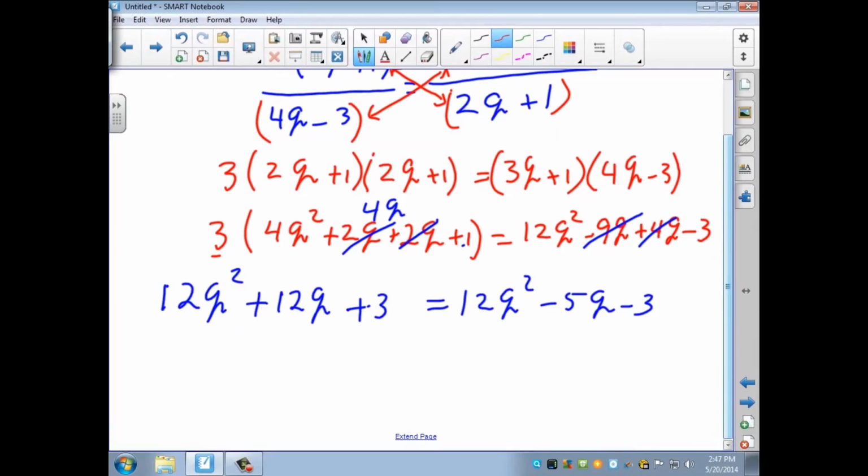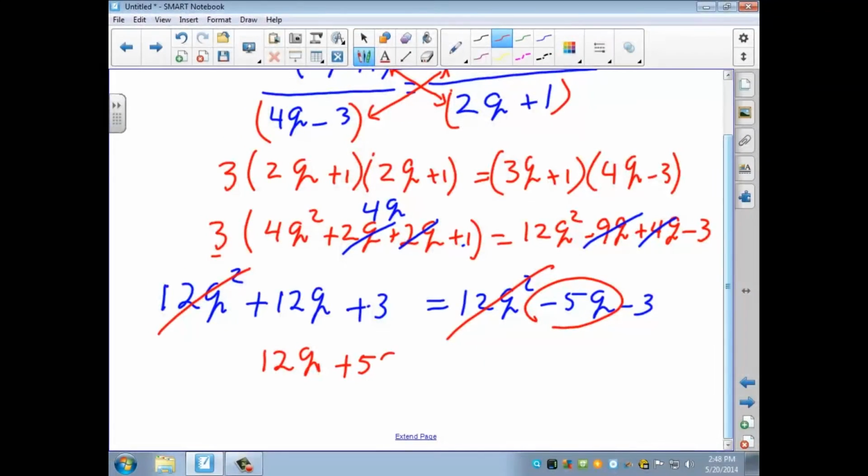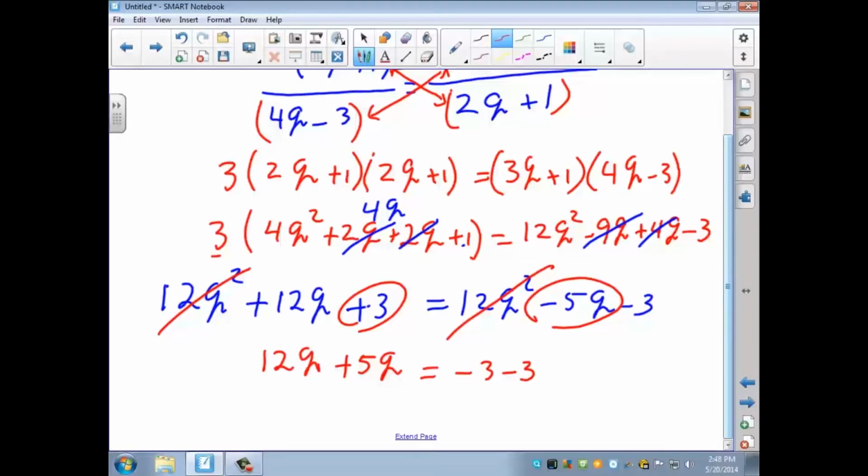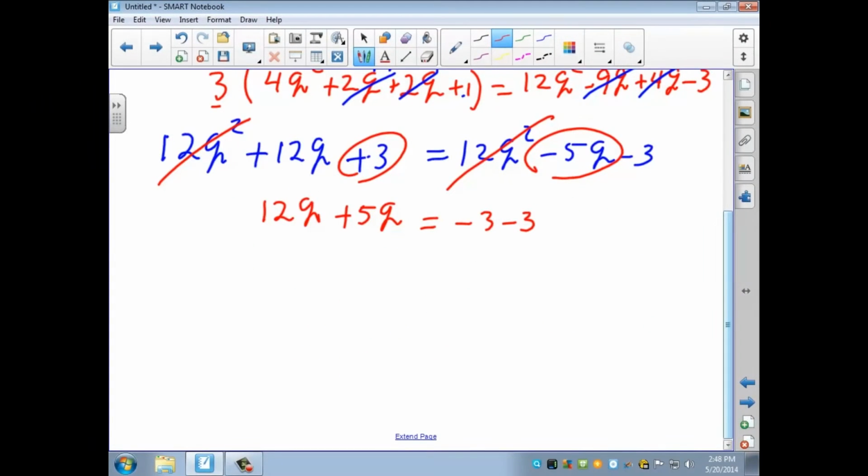Now the 12q squared on the left hand side and 12q squared on the right hand side would cancel, so I move all the q's to one side. I already have a 12q here. I bring this minus 5q to the left hand side, it would become plus 5q. I have this 3, I bring it to the other side, it becomes minus 3 and minus 3. Therefore I have 17q equal minus 6.